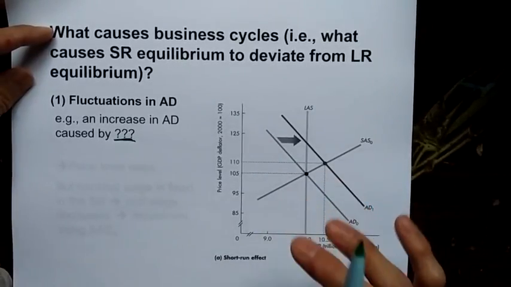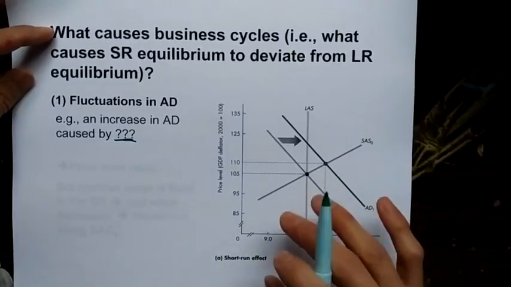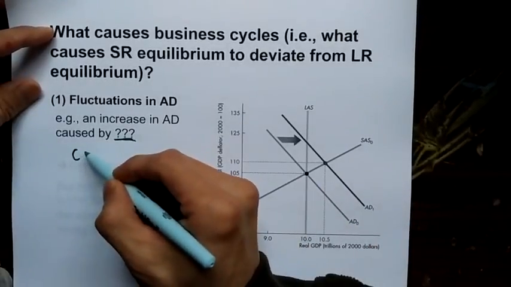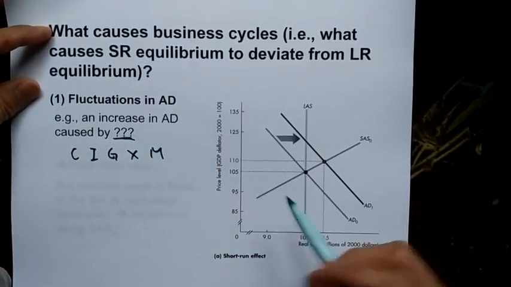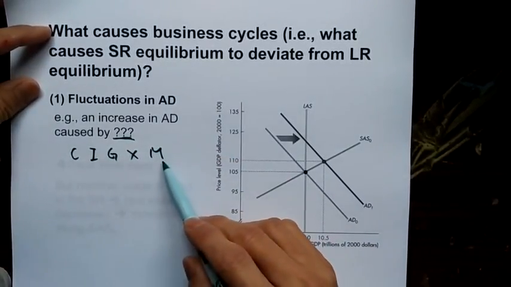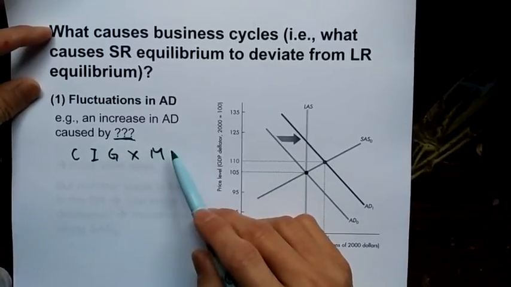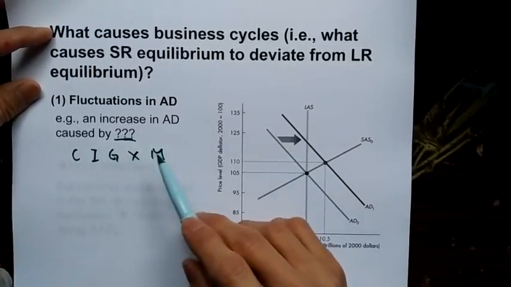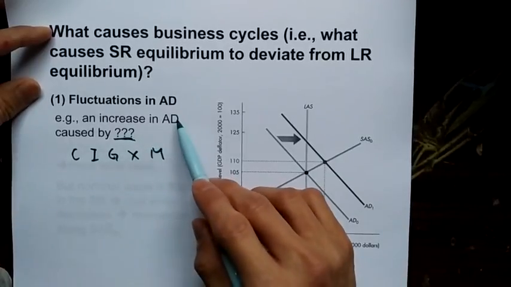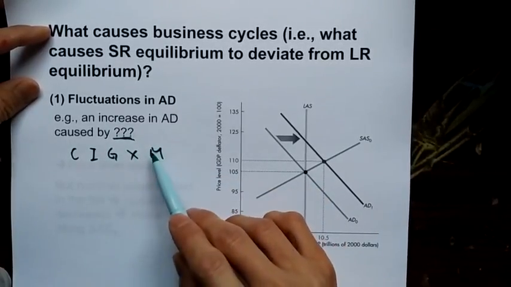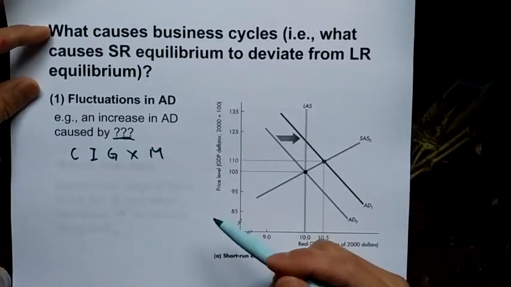So anything that changes aggregate expenditures. What are aggregate expenditures? CIGXM. Anything that changes CIGXM will change aggregate expenditure, will change the behavior of the aggregate demanders. Therefore, it will shift aggregate demand curve.